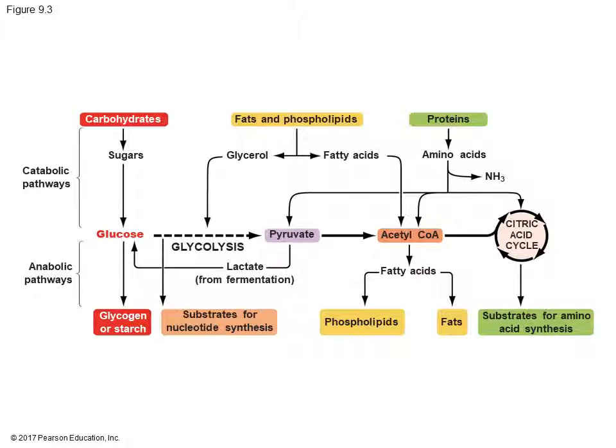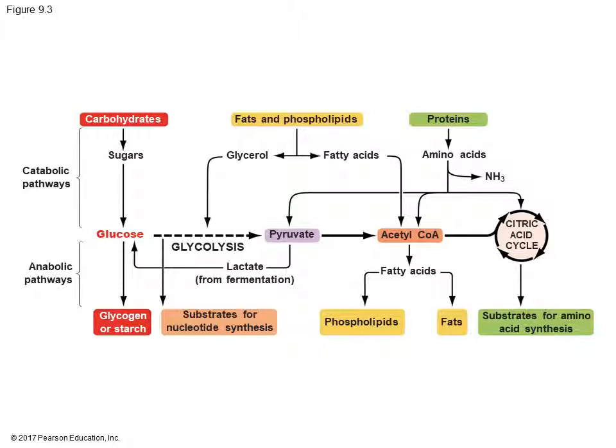Figure 9.3 at first glance is sort of confusing, but you can see the 4 steps right in the middle of the diagram. You can see glycolysis, pyruvate, acetyl-CoA, and the citric acid cycle. In fact, that's steps 1, 2, and 3. But if you look above, you see that it's a catabolic pathway. Sugars, fats, and proteins can be broken down to make energy.